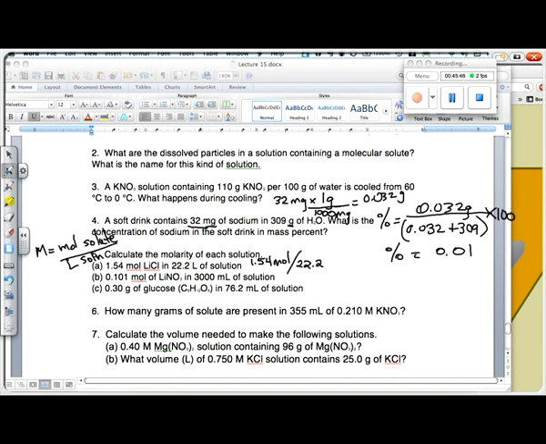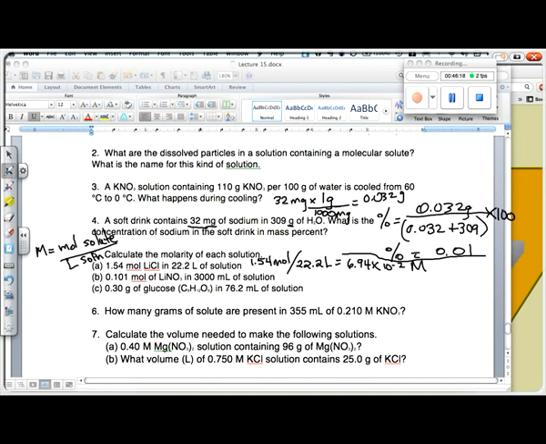No conversions for this first one, being very nice. 0.0694, or 6.94 times 10 to the minus 2 molar, big M.